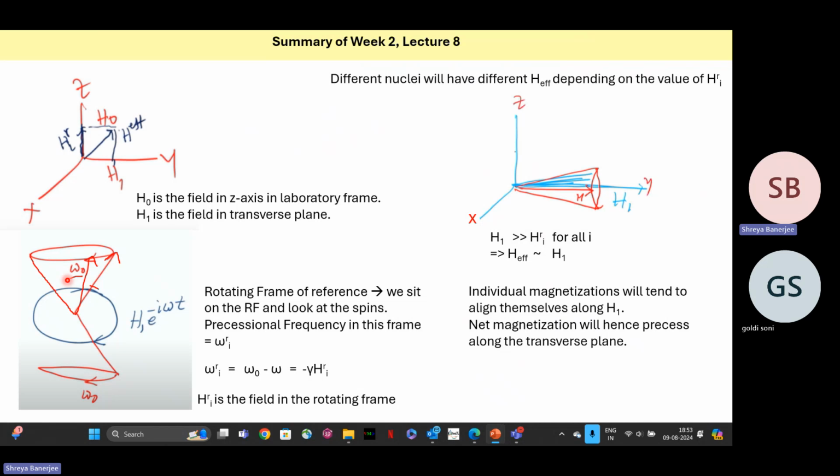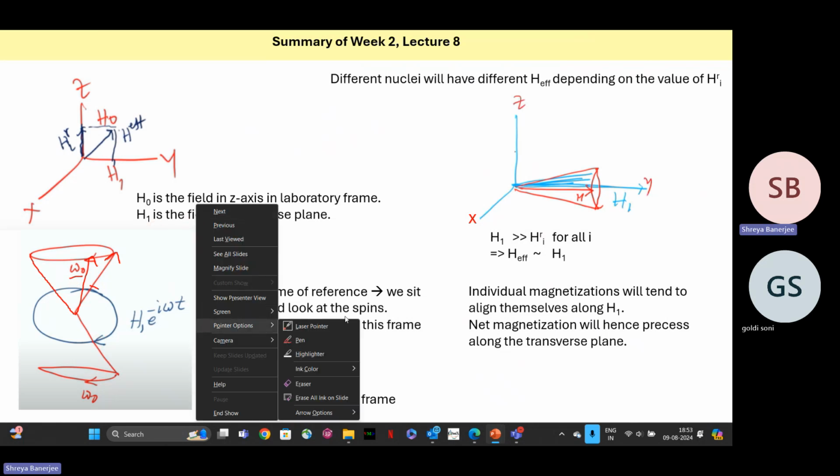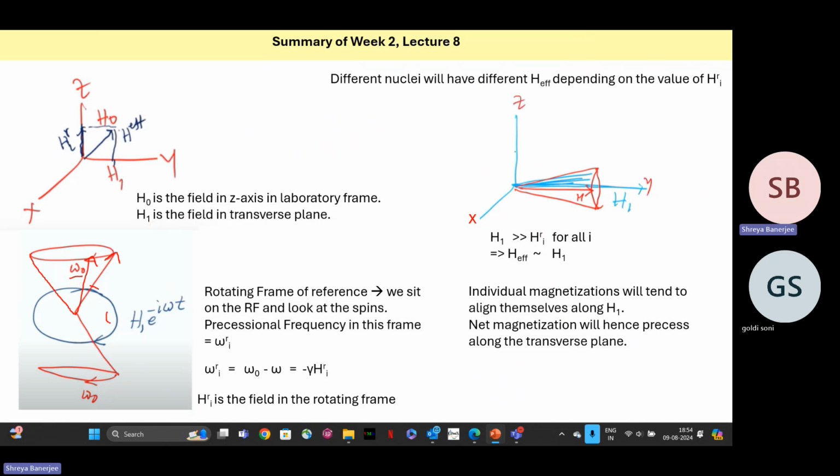Now suppose your observer is standing on this radio frequency line. So the observer is not stationary, but is moving along with the radio frequency. With respect to the observer, he will notice a frequency of omega naught minus omega. Suppose the observer is standing on this radio line and looking up.